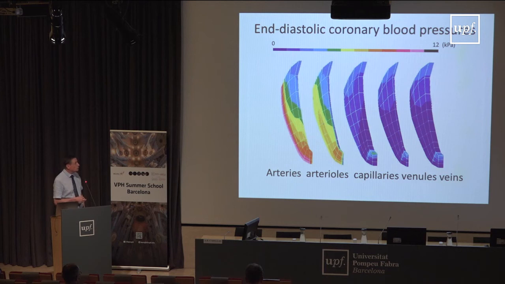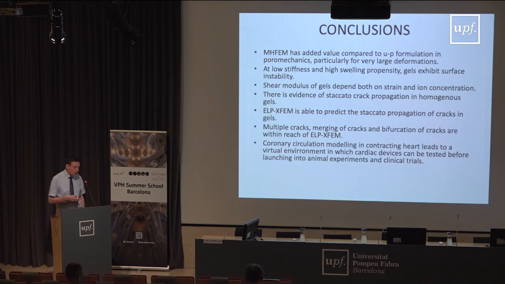Here, this is a view of different compartments inside the left ventricle: arteries, arterioles, capillaries, venules, veins, and we can simulate this as a function of time. This is done specifically here for end diastole, but we can take different times during contraction to simulate this coronary blood pressure and coronary flow in order to predict failure of the heart.